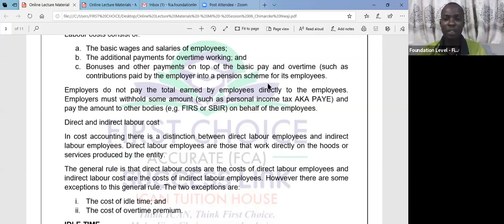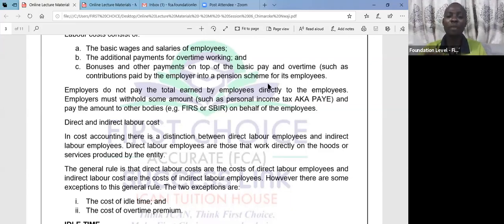So these supervisors are production workers, they get paid, and theirs is an indirect labor. So the general rule is that direct labor costs are the cost of direct labor employees, and indirect labor costs are the cost of indirect labor employees.